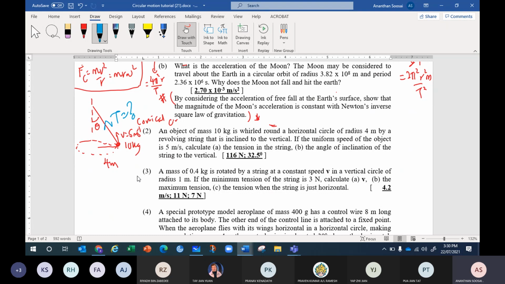I think from there you might be able to work out the tension. So tension acts diagonally, mg acting downwards. So you should know what equals to Fc, right? Try to get this answer, 116 Newton and 32.5.